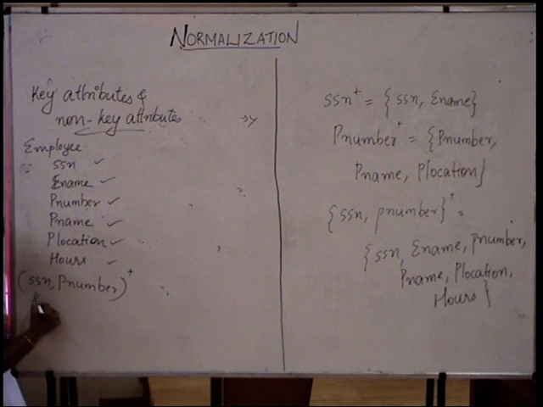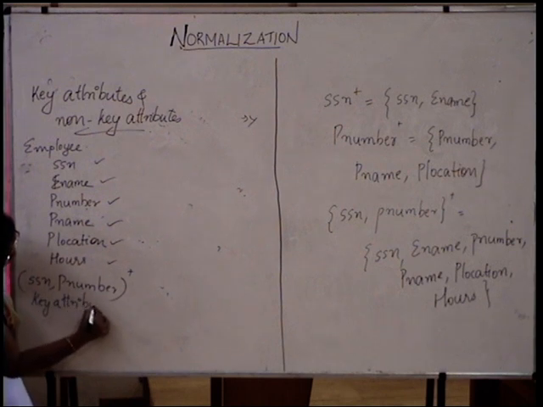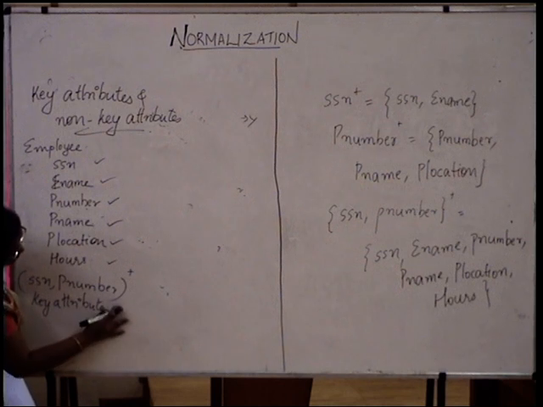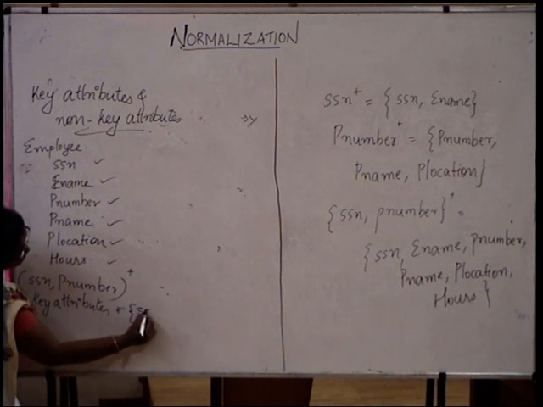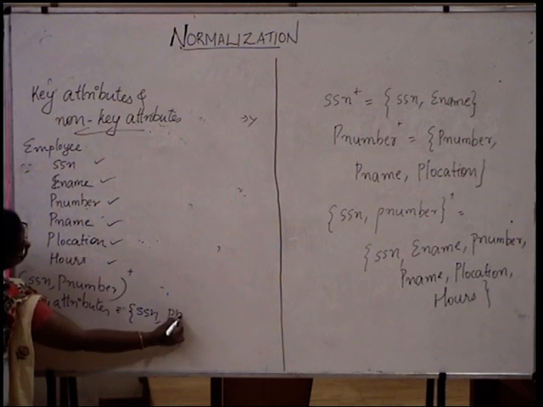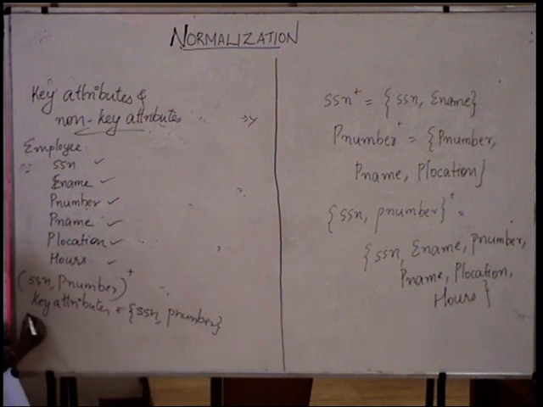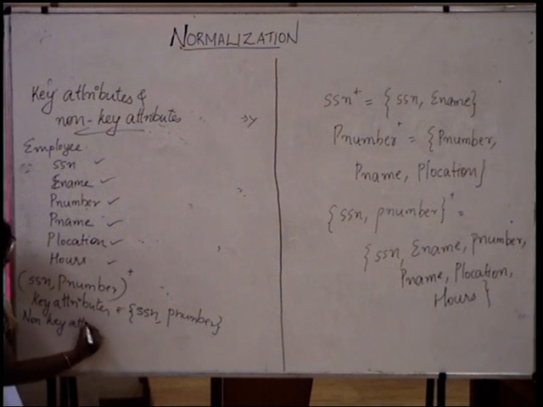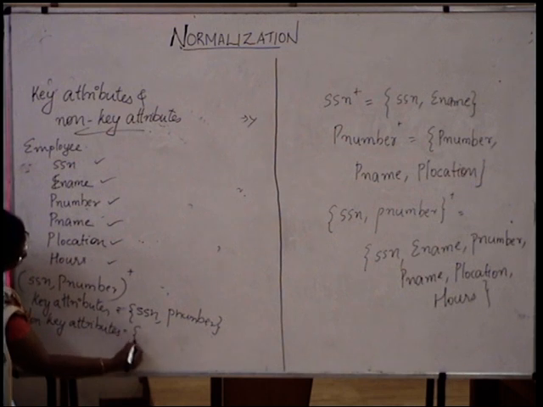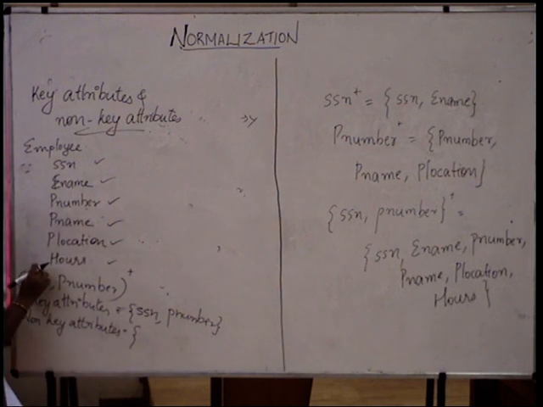So the key attributes of this schema are SSN P number, and the non-key attributes are the list of all the attributes minus key attributes.